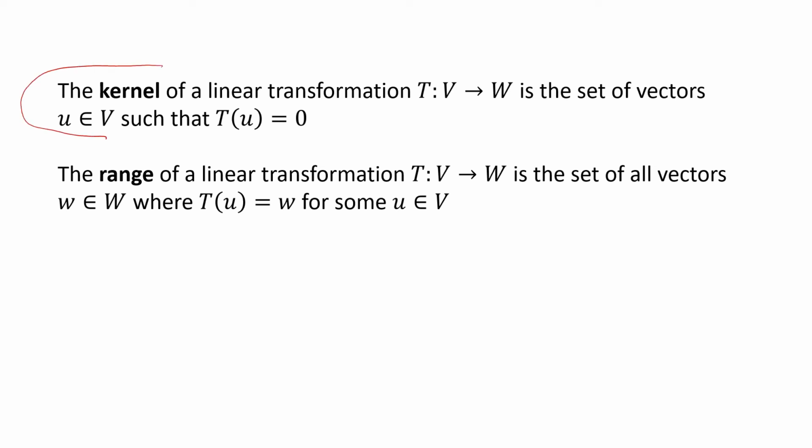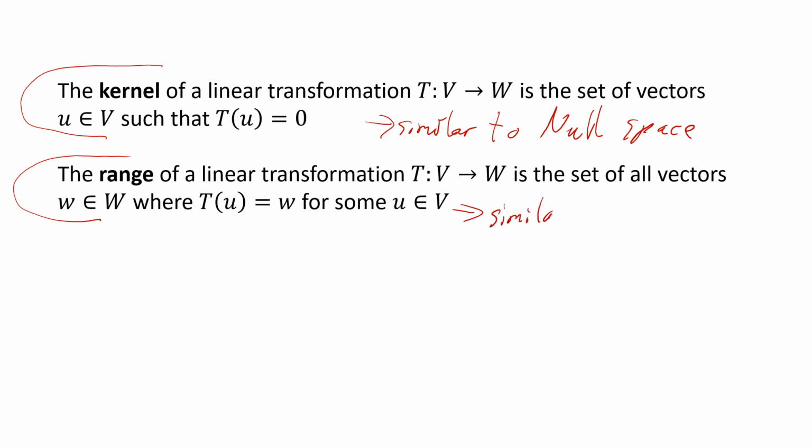The kernel of the transformation is everything that transforms into a zero. The range of a transformation is all of the possible vectors that you end up with. So the kernel is similar to the null space, and the range is similar to the column space.